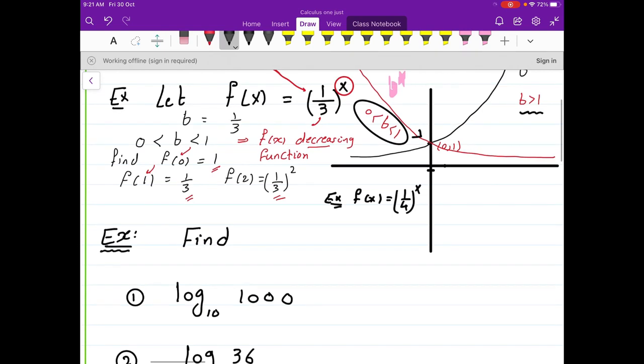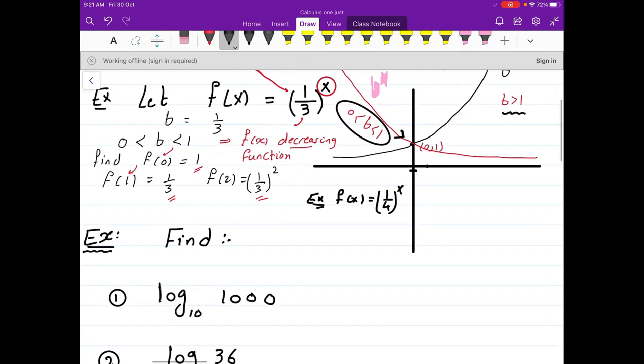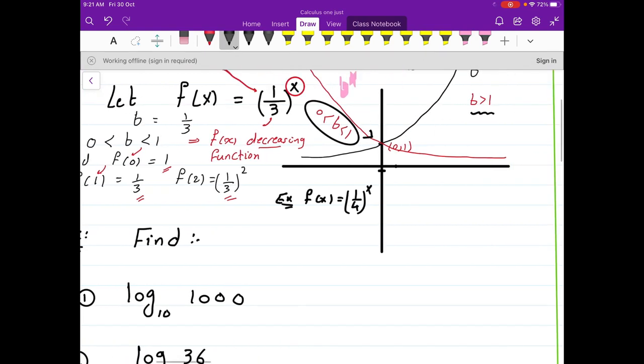Find log. Before we do an example, remember we say ln(ab) equals ln a plus ln b if a and b are positive. And the same for log.